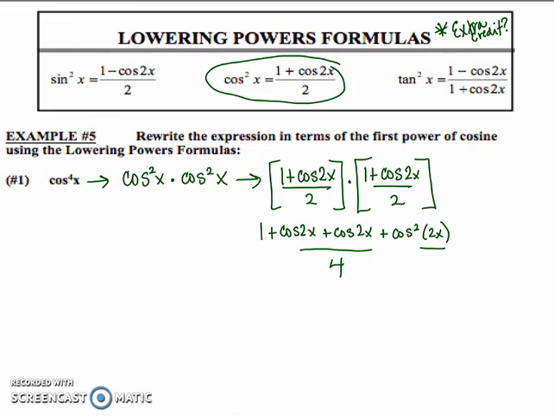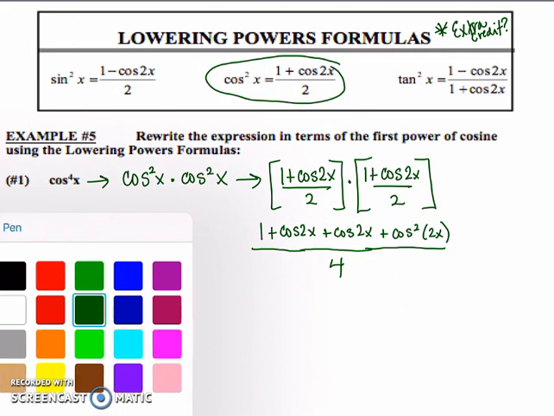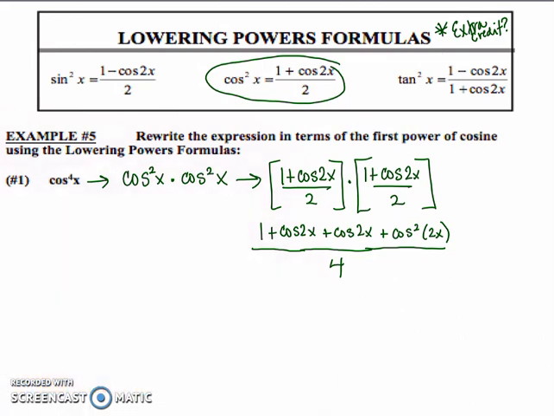Okay, be careful how you write that. Note that I put the 2x in parentheses there, okay? So the problem is, now that I've done this, I've introduced another cosine squared expression, which means that I am going to have to use my lowering powers formula again, right here. But be careful, my x value, and I'm saying x in quotation marks, is actually 2x.